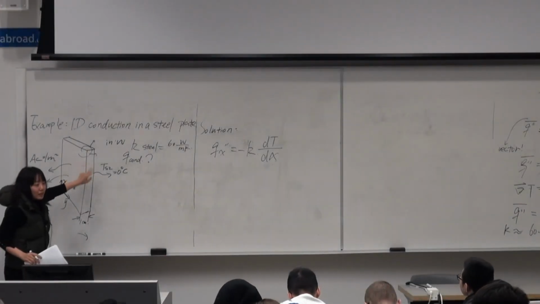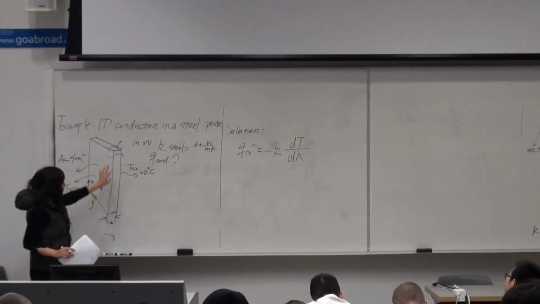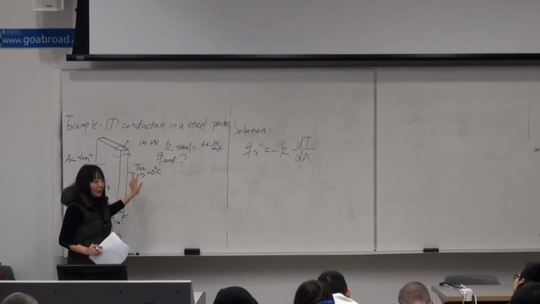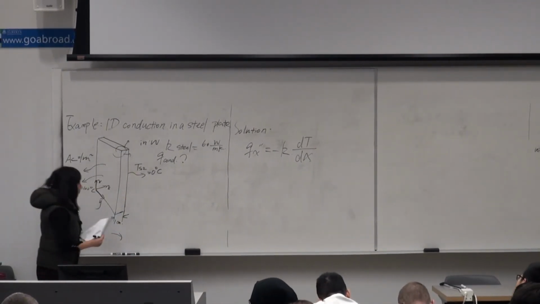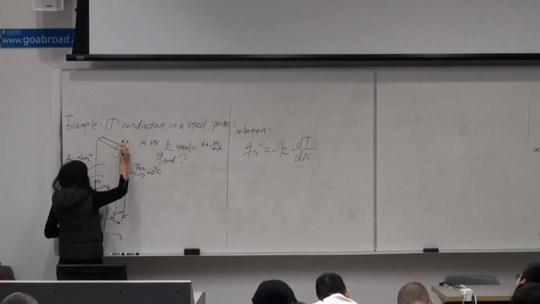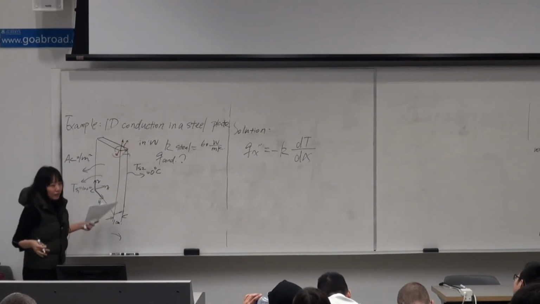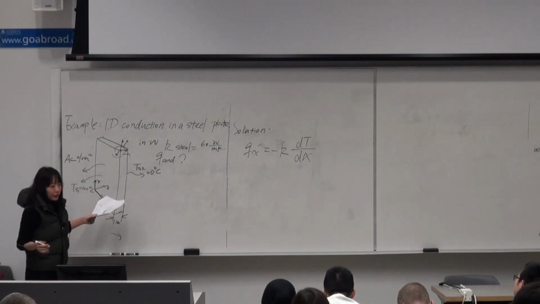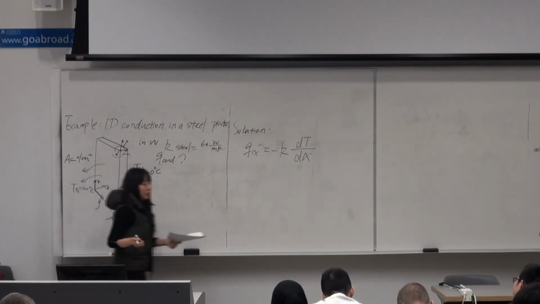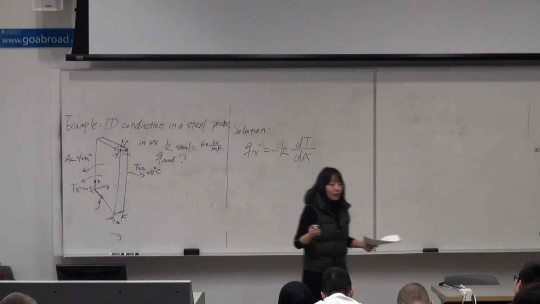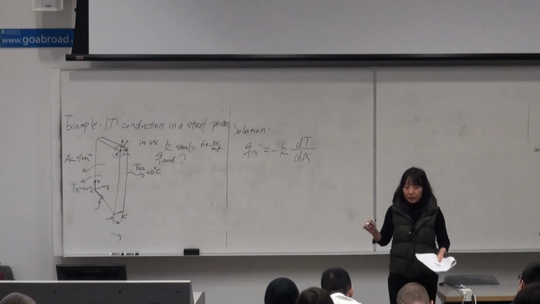In reality, the heat transfer is not 1D at the edges. We can imagine the heat can go in 3 directions. There is not an obvious reason we can assume it is 1D.